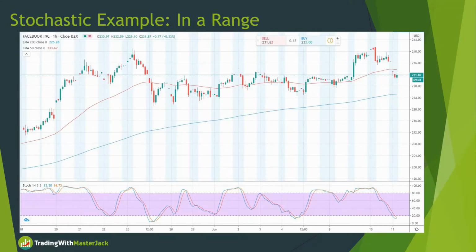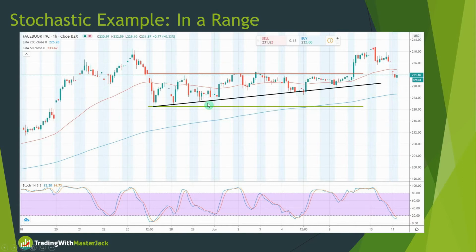The stochastic application in a range, which is the traditional way. We've got our resistance line that we plot just over there, and then we've got our support. That's on the early part of the chart that you would plot these. And you'll see that the price is going upward, forming new higher lows, so it's almost an ascending triangle, but it's generally in a range nonetheless.